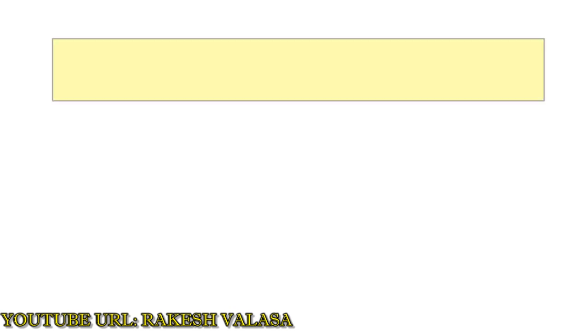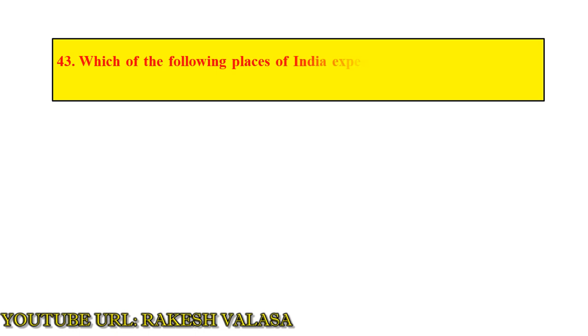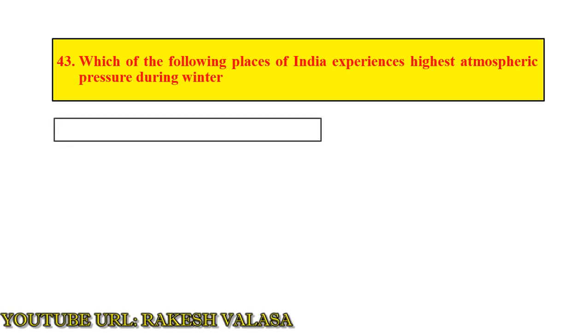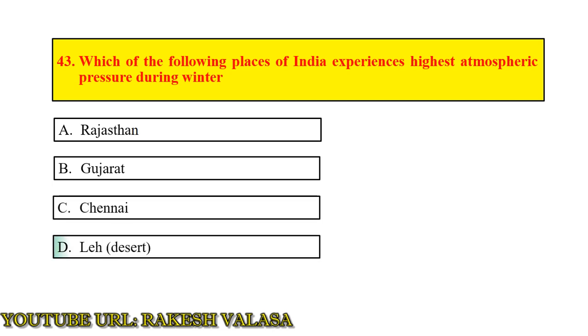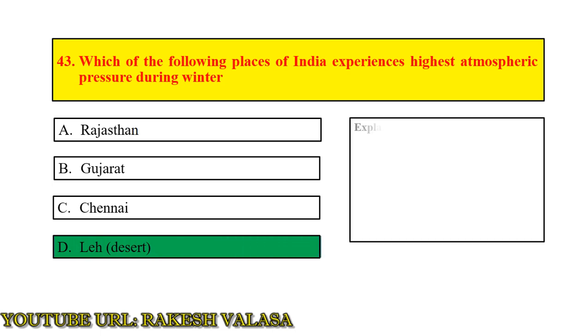Question number 43. Which of the following places of India experience highest atmospheric pressure during winter? Answer. Leh Desert. Explanation.